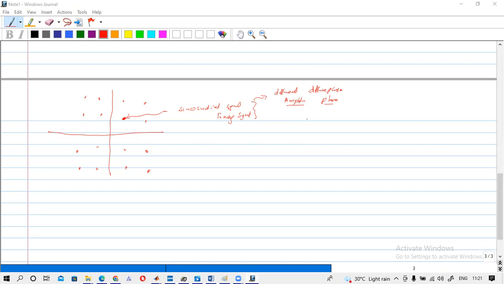Can you remember, if the amplitude is A, what is the power or energy of the signal? Can you verify this? Can someone tell me? Actually, that is basic signals and systems knowledge.